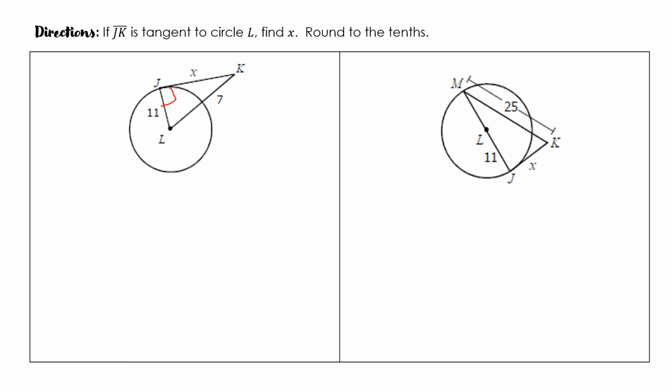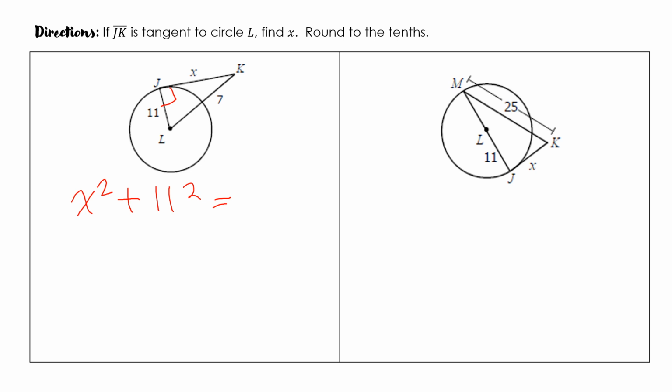So on this example, my legs would be JK, which is x, so x squared, and JL, which is 11 squared, equals. The hypotenuse is LK. That 7 is just the outside piece.